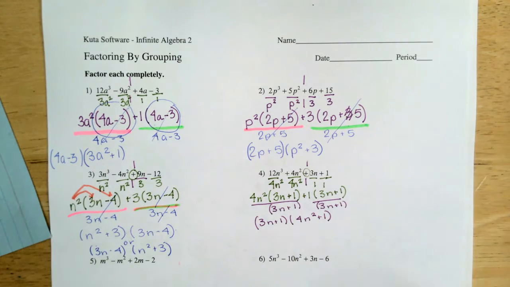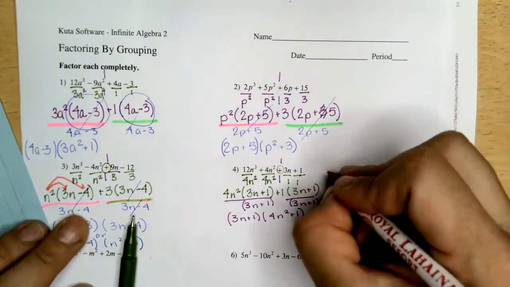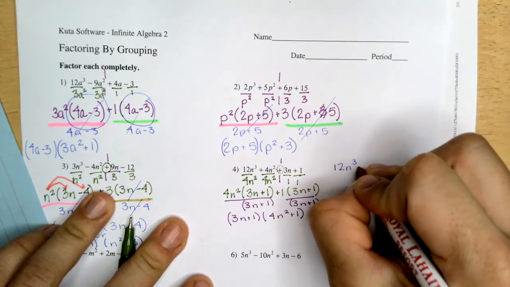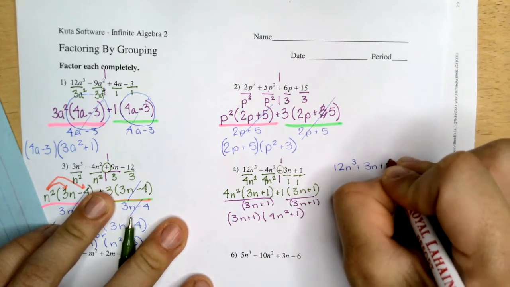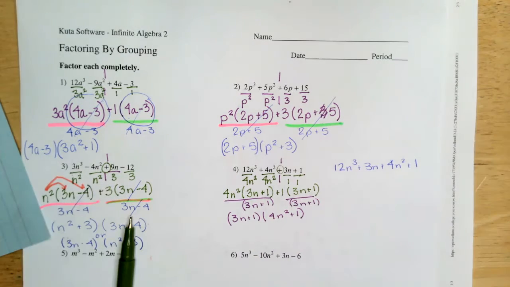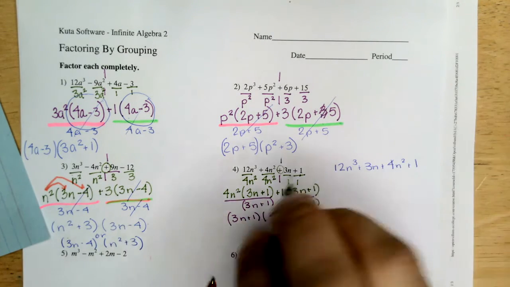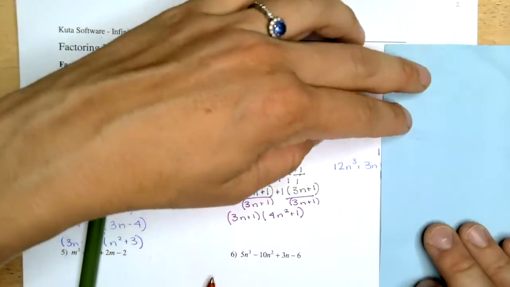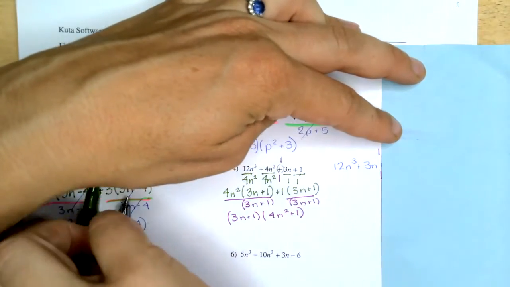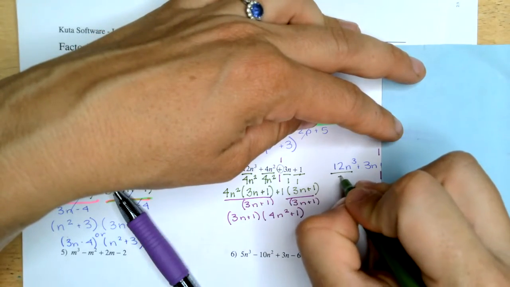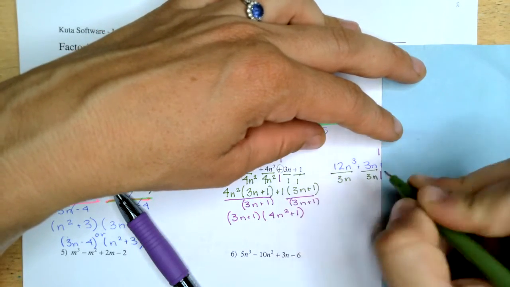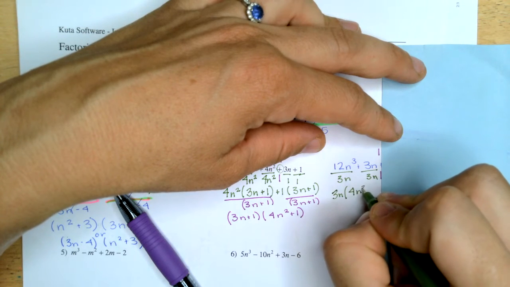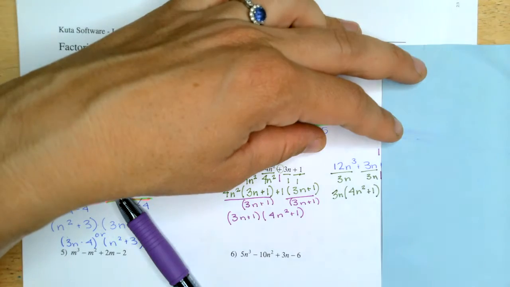All right, and even if I switched these two numbers, 12n cubed plus 3n plus 4n squared plus 1, okay? I'm going to do the same thing. Two groups, 12n cubed plus 3n, I can divide them both by 3n. And what I get is 3n times 4n squared, right?